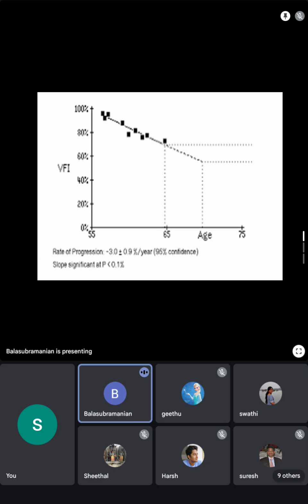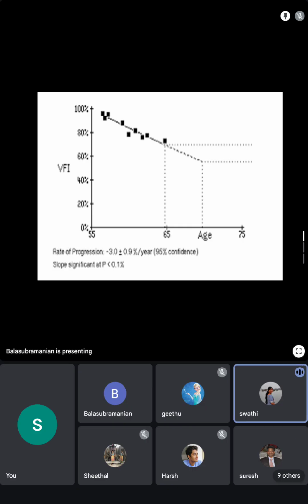What is this? Regression analysis. Someone else can attempt, no?